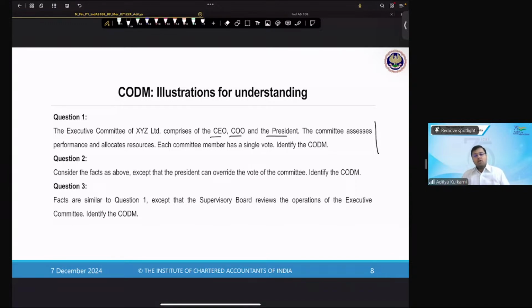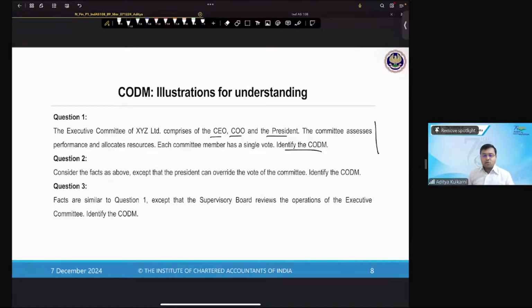In that voting process, obviously whichever has the majority will be the decision taken. It may be unanimous also. For a segment like sedans, for example, which is phasing out, all of them may unanimously say, let it die its natural death. In which case the committee has decided. We cannot say that the CEO or COO individually has decided. So there is a very democratic way of functioning in this case. The committee itself becomes the CODM.